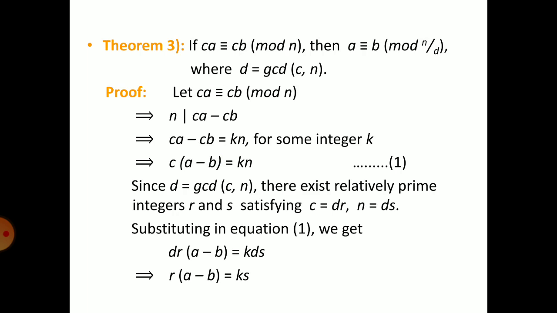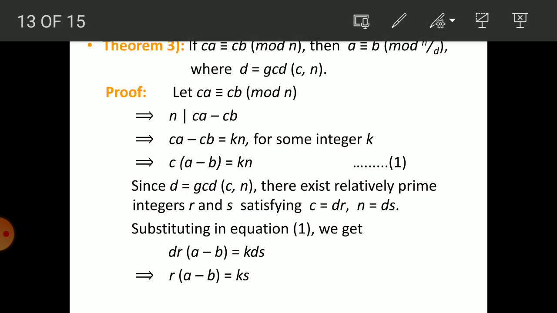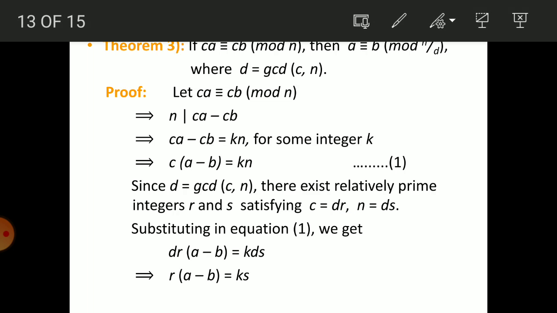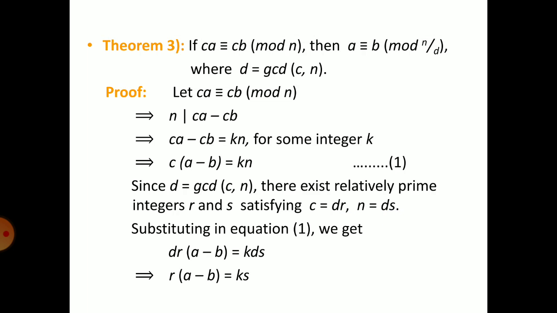Now it is given that D is the greatest common divisor of C and n. Therefore, there exist relatively prime integers R and S satisfying C equals dr and n equals ds. Now in equation 1, substitute the values of C and n.